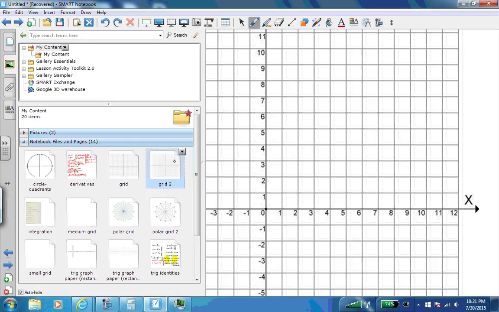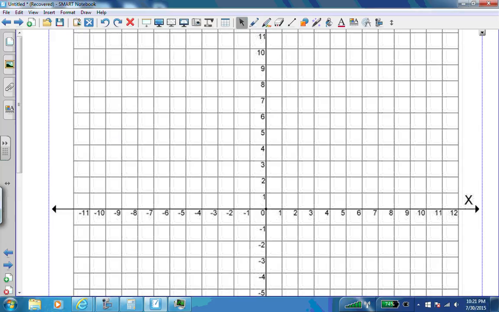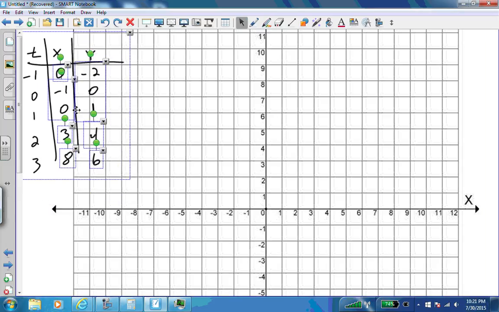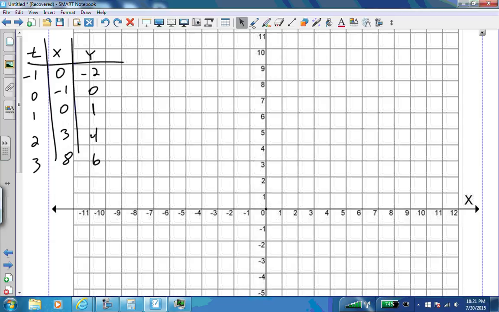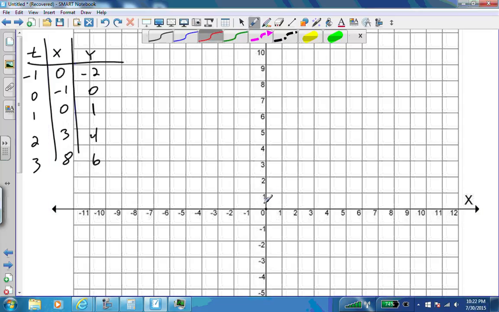So let's plot those. So we're going to start at 0, -2. That's our starting point. And then we're going to go to -1, 0, then 0, 1, 3, 4, and 8, 6.